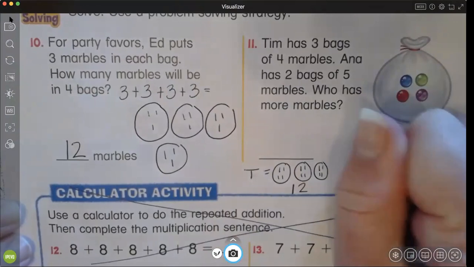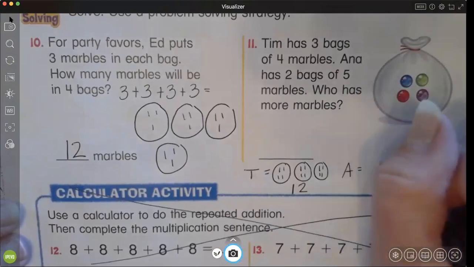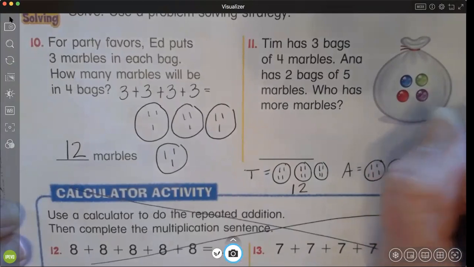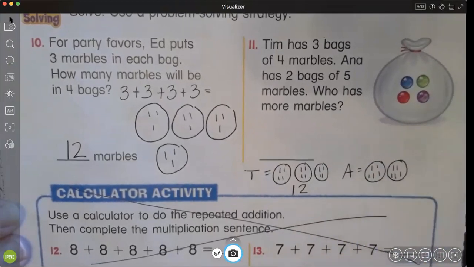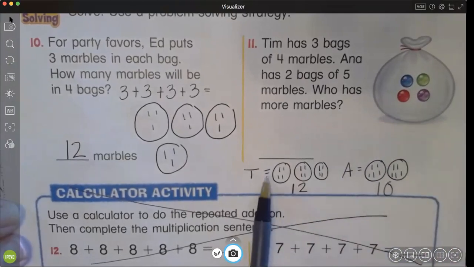And then Anna has 2 bags of 5. So she only has 2 bags, but each bag has more in it. So 1, 2, 3, 4, 5, 1, 2, 3, 4, 5. So we have 5 plus 5, which is a double stack, 10. So who has more, Tim or Anna?